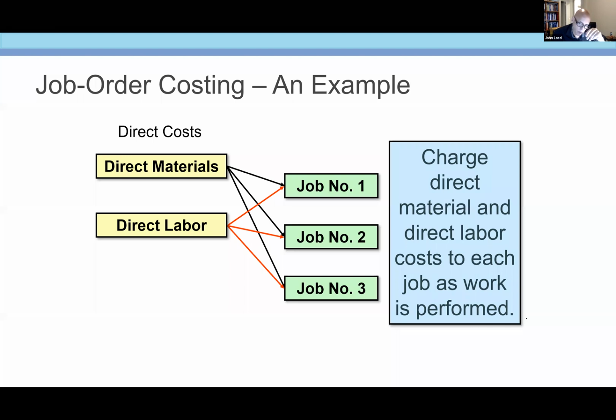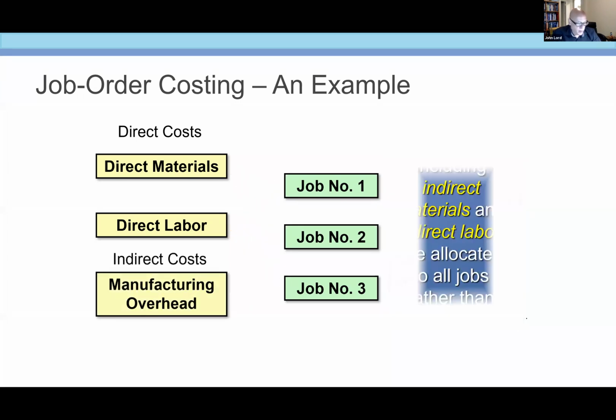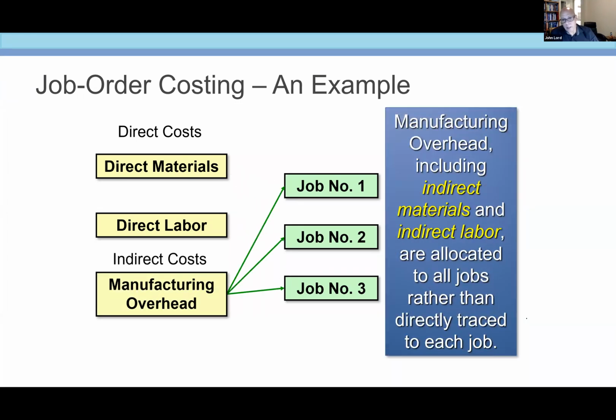We know how many hours someone who's building a table puts in building that table. We can track their labor costs pretty easily to the specific jobs. When we get to our manufacturing overhead, it will be applied to each job using a predetermined overhead rate.